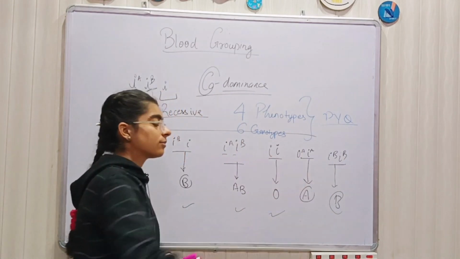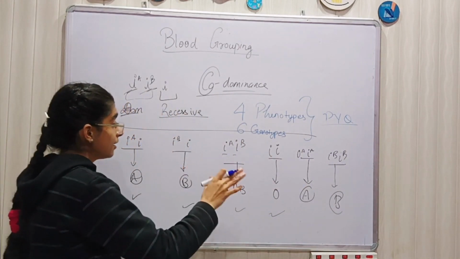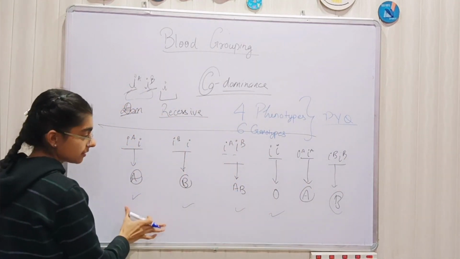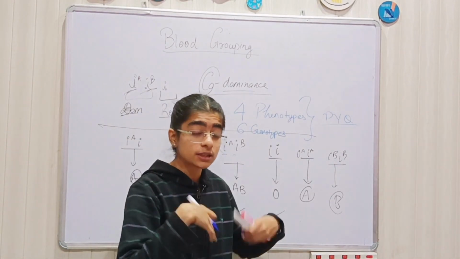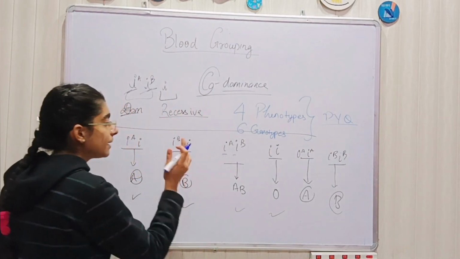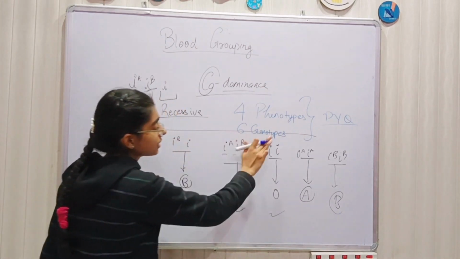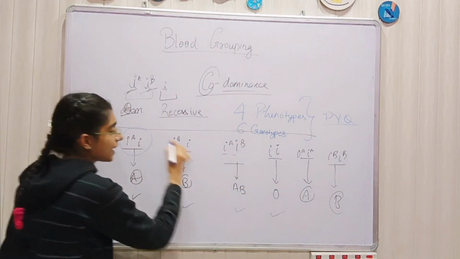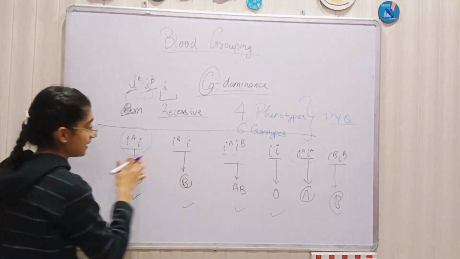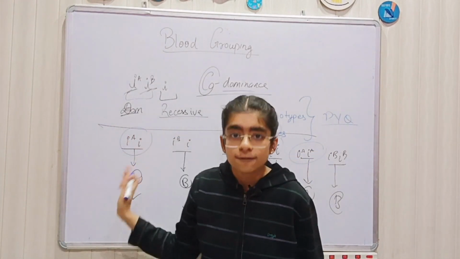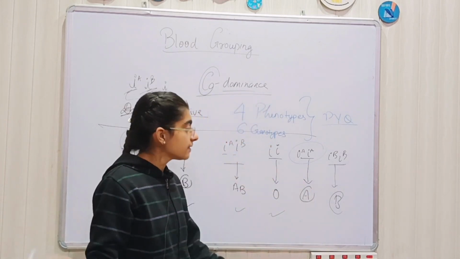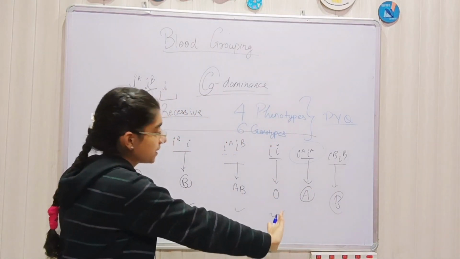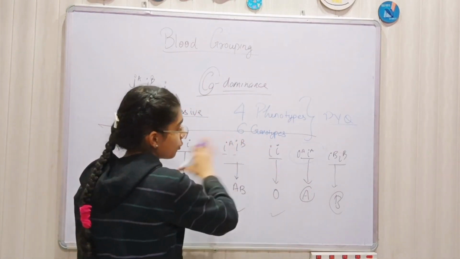In the ABO system of blood grouping, we have 4 phenotypes, 1, 2, 3, 4. What will be the blood group of the person? But here we have 6 genotypes. See, this and this, IA IA and IA i, the genotype is different. So this way I have 6 genotypes and 4 phenotypes.